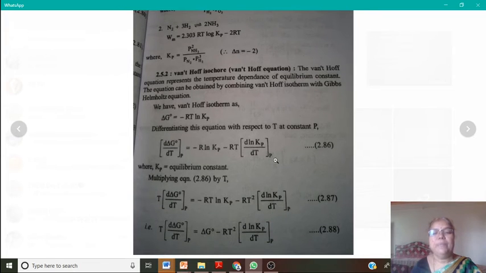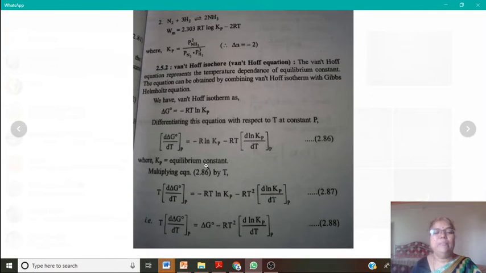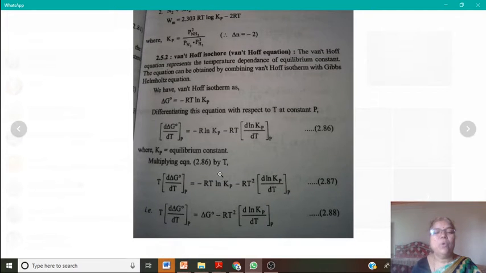This is the differentiated equation, where Kp is the equilibrium constant.